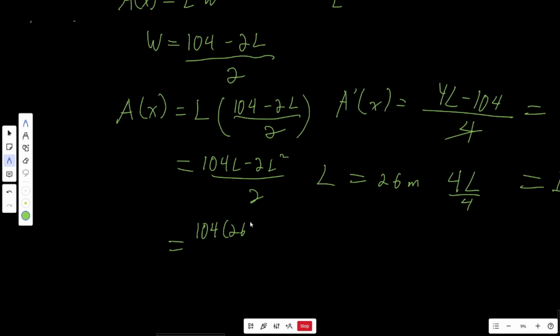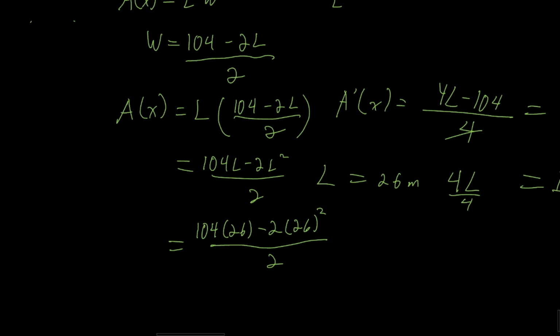So, for the maximum, we're going to be using 26, and this is going to be 2 times 26 squared over 2. Now, putting that into the calculator, 26 squared times 2.